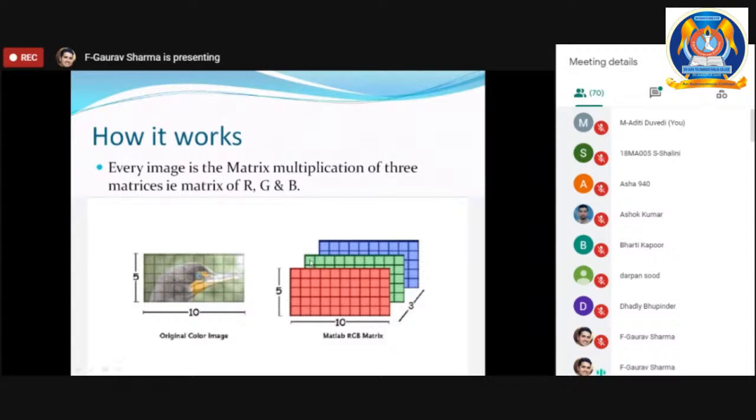So if I write 1 in the green matrix, and 0 in the first row of the blue matrix, that means only green color will be there. This is the way it works. These are the 3 matrices. If I multiply all those matrices, I will get the desired image. I hope the idea is clear now. Let us move ahead.